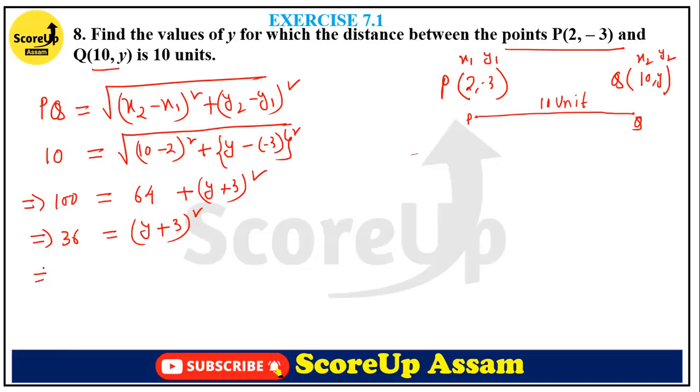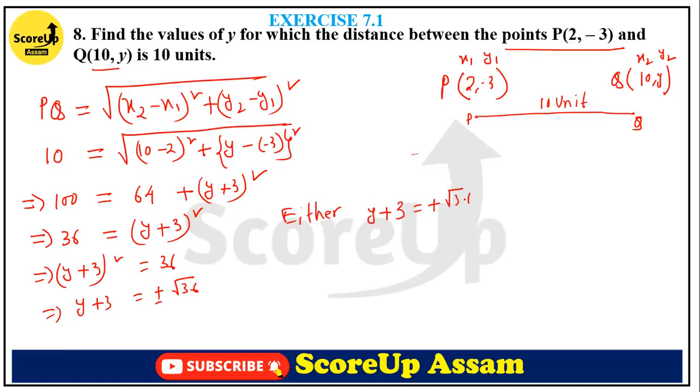We can do this in two ways. We have y plus 3 whole square equals 36. Taking the square root, y plus 3 is equal to plus or minus root over 36. So either y plus 3 is equal to plus root 36, or y plus 3 is equal to minus root 36.